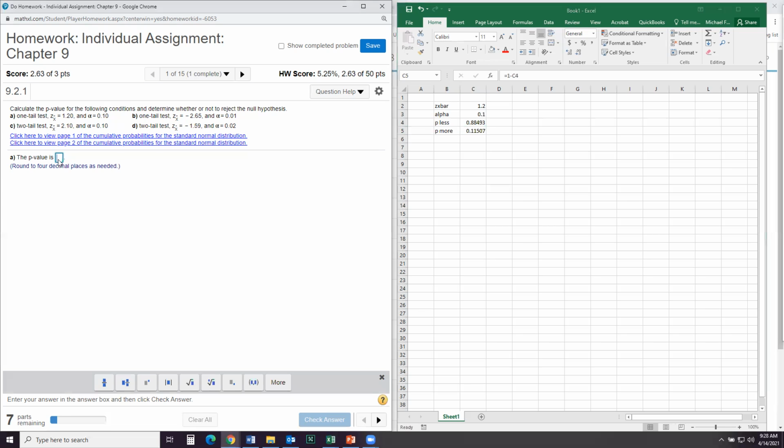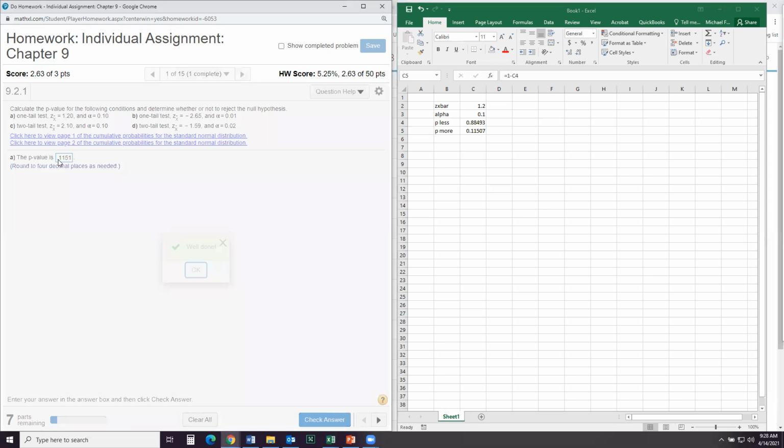For ours, it's 0.151. Then it's going to ask us, since our alpha is 0.1, do we reject or not reject the null hypothesis? Remember, if the point is further away from the mean than our alpha, then we're not going to reject the null hypothesis.